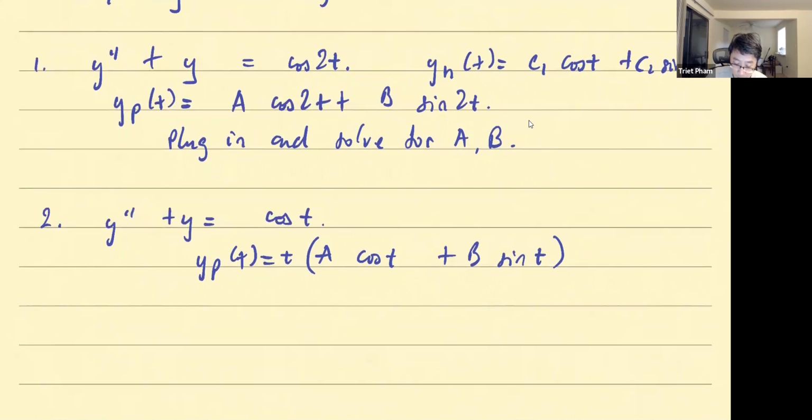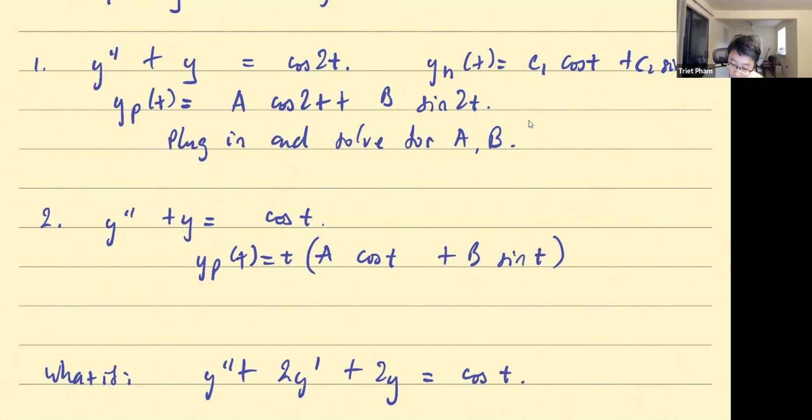Okay, so let me make one case. Suppose I have a homogeneous solution. Let's go with the previous example we had, where we have y double prime plus 2y prime plus 2y is cosine of t.